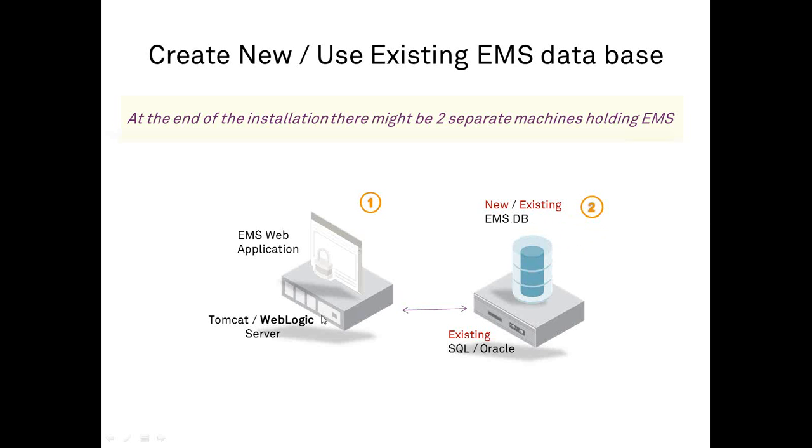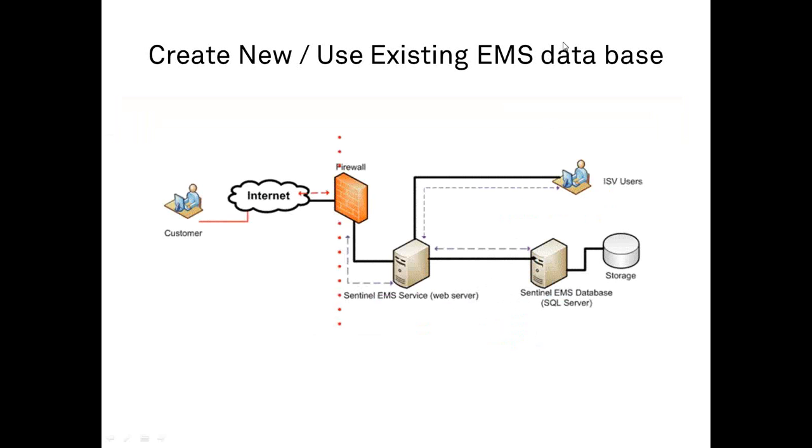Machine A has the Tomcat, WebLogic and the EMS, and machine B will have the SQL Server, Oracle and the EMS database instance. Or they can be on one machine or whatever you want. There are several other options that you can set as an ISV.